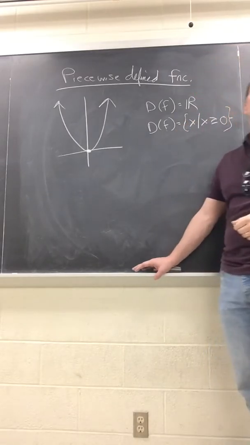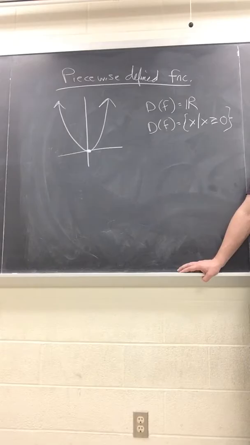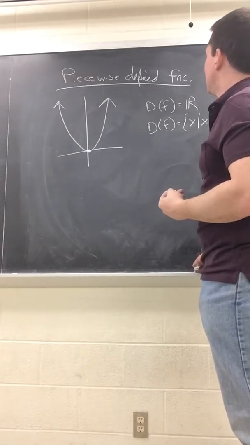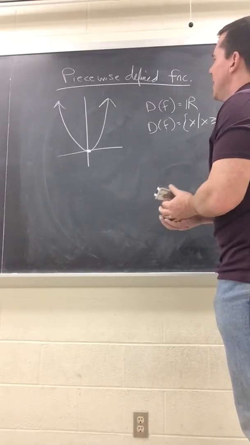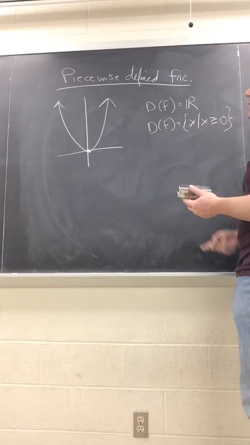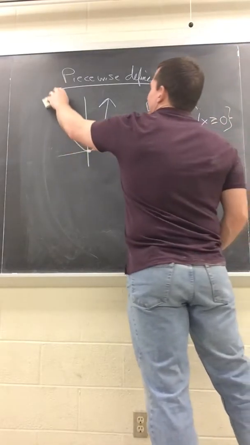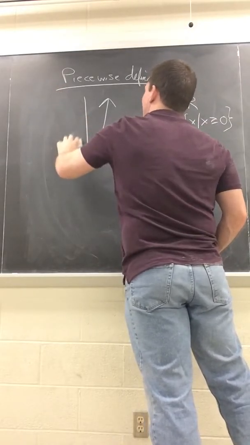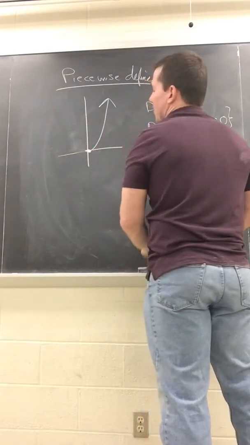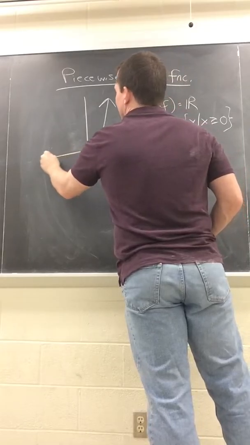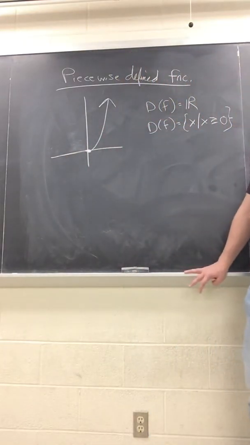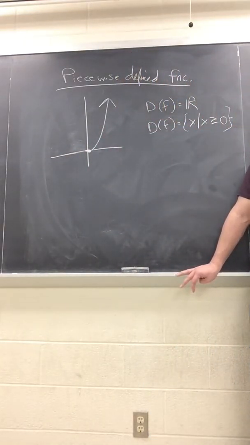I had a specific problem, and I only wanted my x's to be positive. Well, how does the graph change? Well, I'll still get the same y values, but if my domain is only x greater than or equal to 0, then take all the x's less than 0 and erase that part of the graph right there. And I essentially end up with half of a parabola.